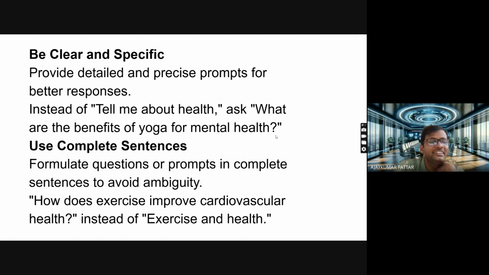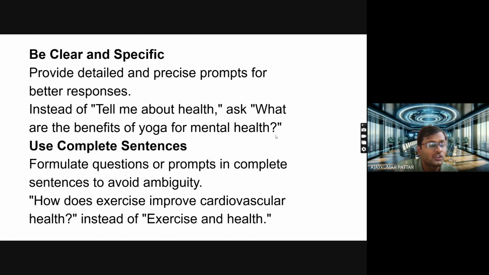Then use complete sentences. Formulate questions or prompts in complete sentences to avoid ambiguity. For example, if you simply type "exercise and health", ChatGPT will give different kinds of outcomes.